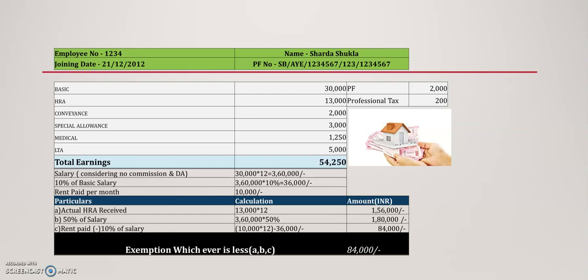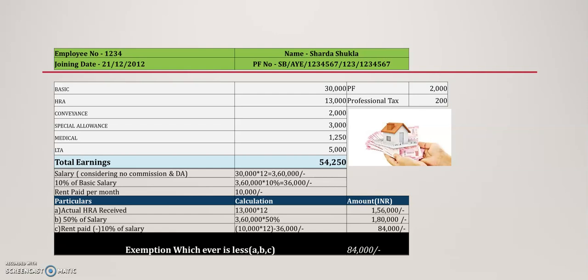One more question which comes to our mind is whether you can claim this exemption if you are sharing your house with your friends. Yes, of course you can claim the exemption, but this exemption has to be on a proportionate basis. For example, if you're paying 20,000 rent per month and you are sharing 50% of that with your friend, then you can only claim 10,000 and not 20,000.